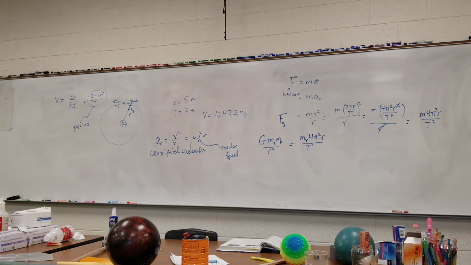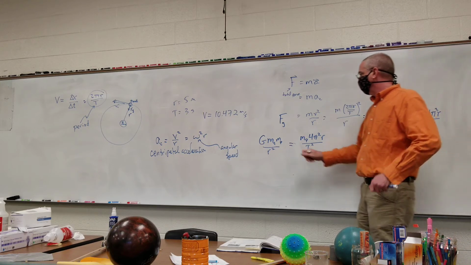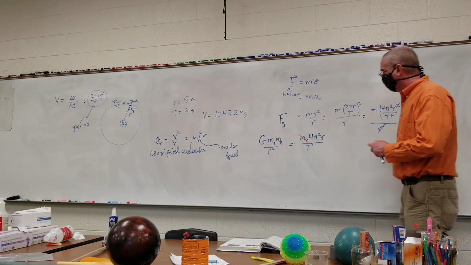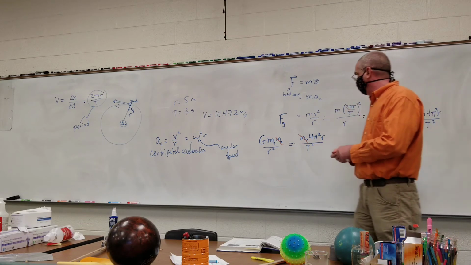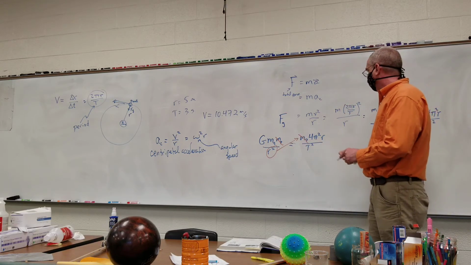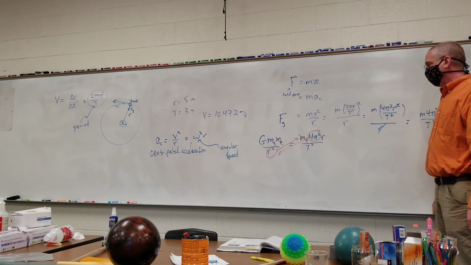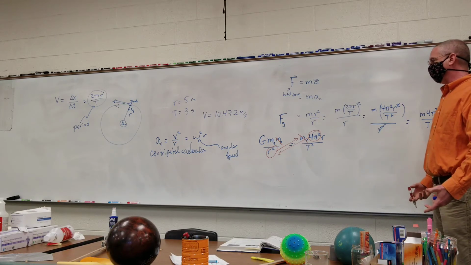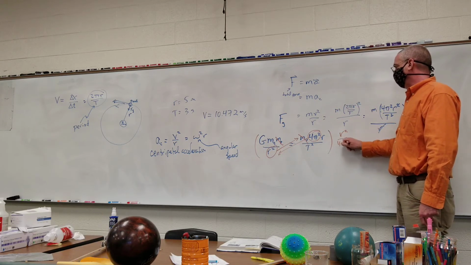We can consolidate some. First off, what can I get rid of? And so now I'm going to consolidate. Because I know where I want to be on this, I'm going to take this r squared and multiply both sides by it, in other words, bring it up over here. And I'm going to take the 4 pi squared and move that down there. From a pure math point of view, what I'm officially doing is multiplying by r squared over 4 pi squared.